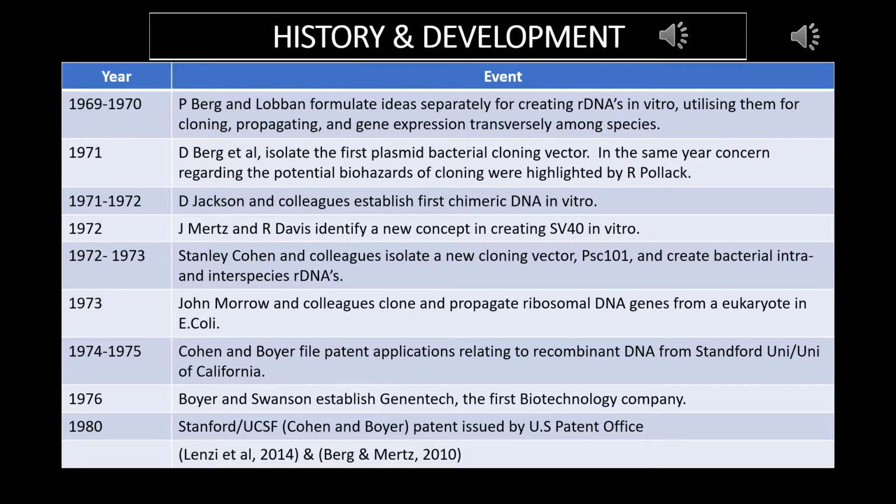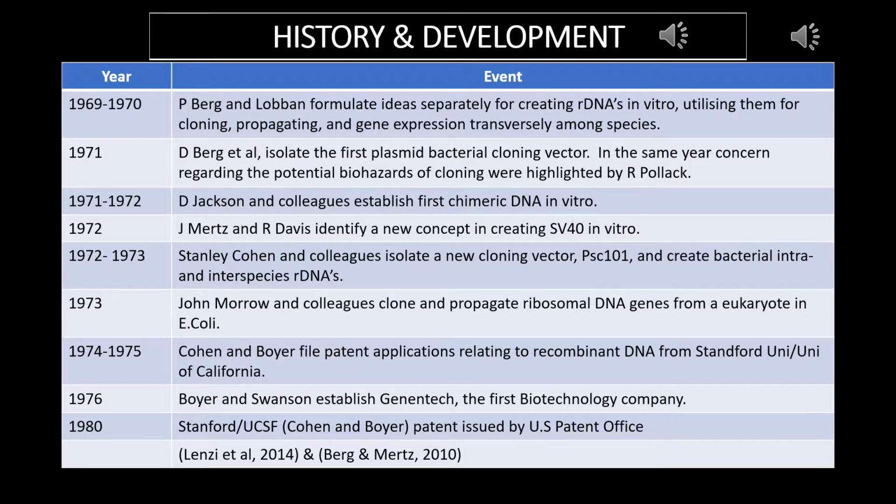Boyer and Swanson established Genentech, the first biotechnology company, in 1976, and in 1980 they had their patent issued by the US Patent Office. It was a mere 3 years later that insulin was produced for the very first time, which was an enormous feat for medicine in managing diabetes.